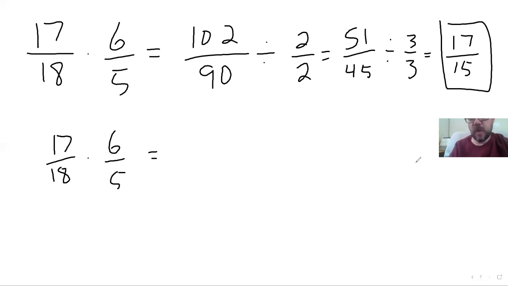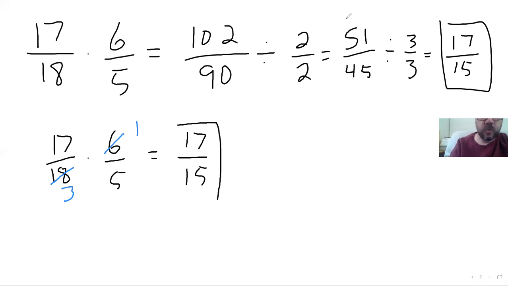Usually the way we write that is I'm going to cancel a 6 out of the 18, leaving a 3, and cancel a 6 out of the 6, leaving a 1. And then when I multiply, I'm multiplying 17 times 1 and 3 times 5. And that's easier. That's just less work. And so that's what I want to do most of the time.